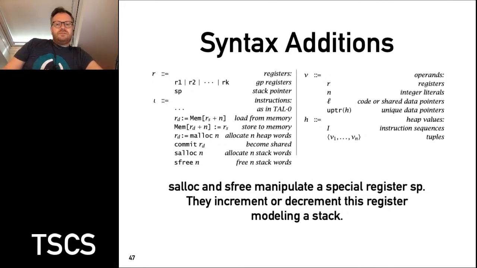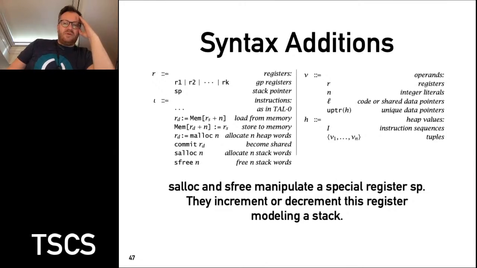You also have an explicit malloc instruction that gives you n words, and this is the offset that you can calculate. This allows us to use it for arrays as well. You can take a register, which is a unique pointer, and make it shared by using commit. And on the right side in the values, before I explain the other things here, you have now registers and literals again.